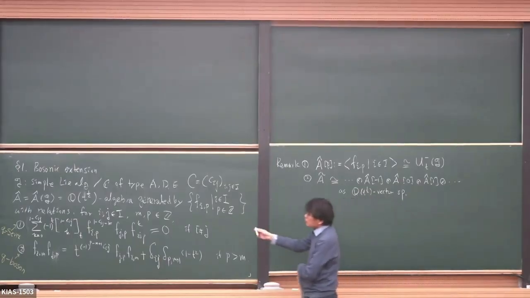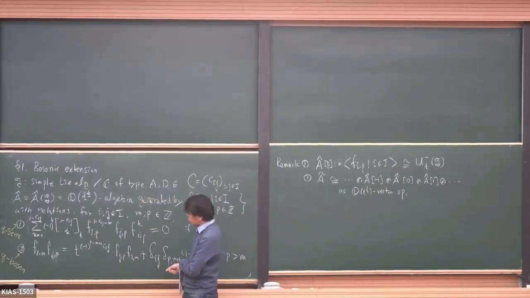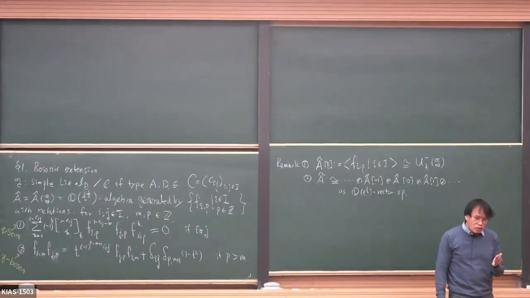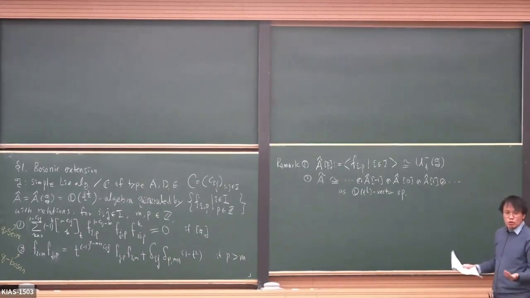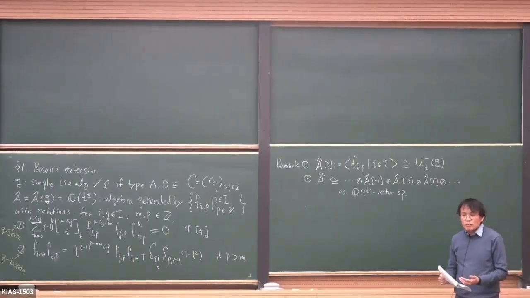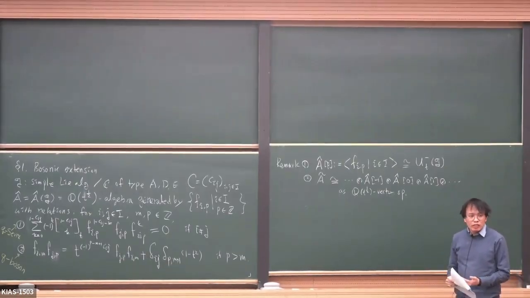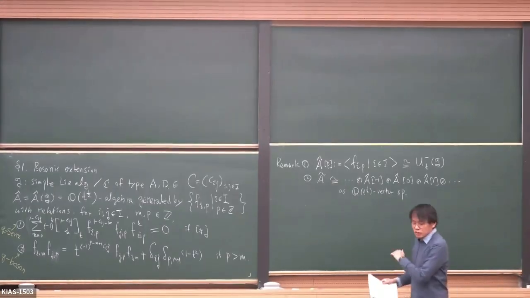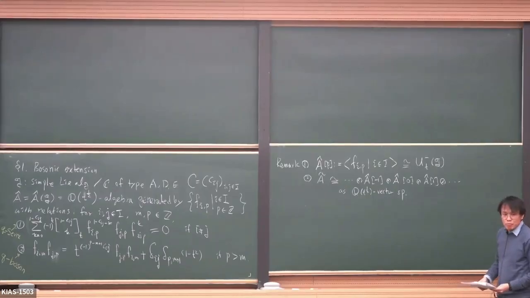So the name bosonic extension comes from the second property. We are interested in the half of a quantum group, and we take the infinite tensor product of them, and we extend the algebra structure of half of quantum groups on the infinite tensor product.